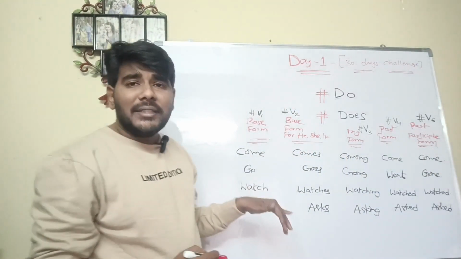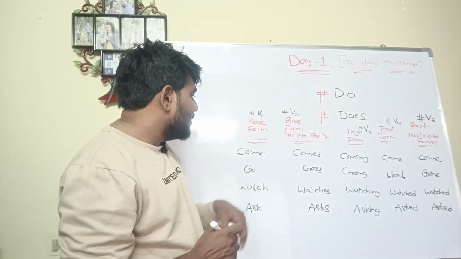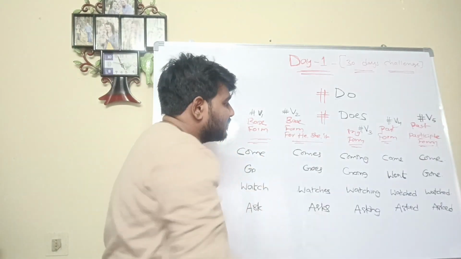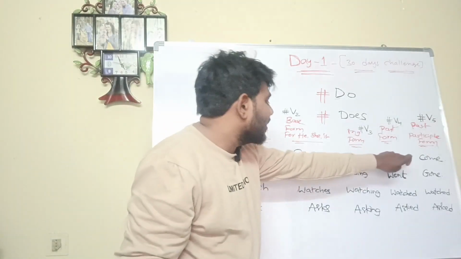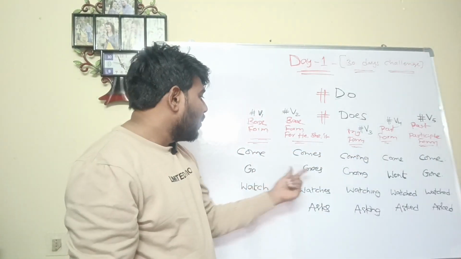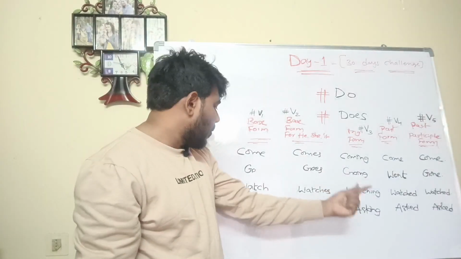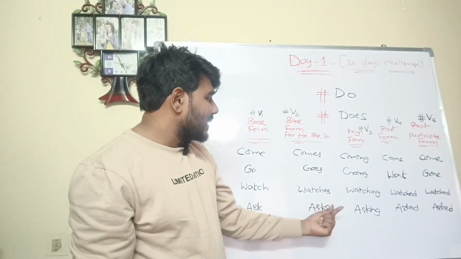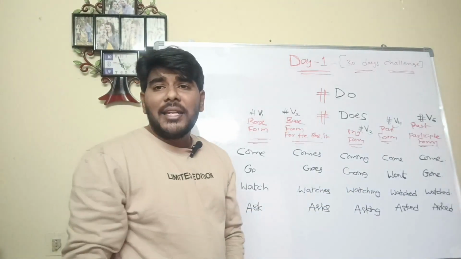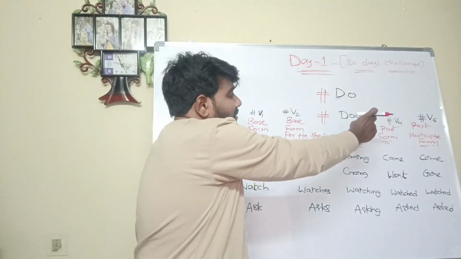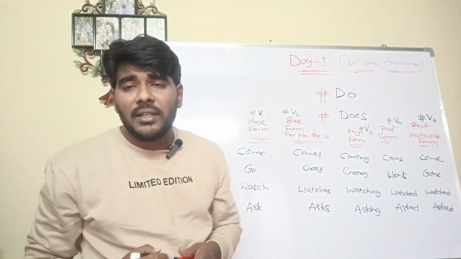In the list of verbs I have taken here, it's come, comes, coming, came, come. And go, goes, going, went, gone. Watch, watches, watching, watched, watched. Ask, asks, asking, asked, asked. Name them as V1, V2, V3, V4 and V5.